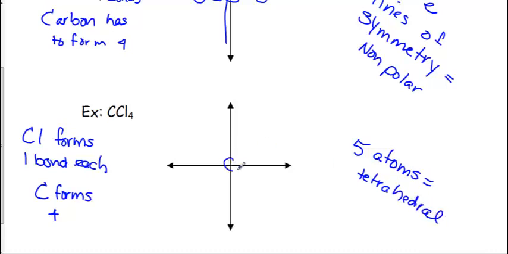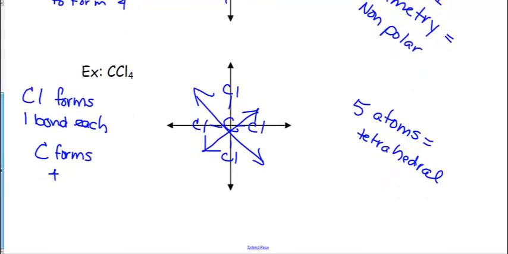So carbon will be in the center and then bonded with each chlorine. And we notice that you have one line of symmetry here, one line of symmetry here, and then you have one here and one here as well. So more than 2 lines of symmetry tells us nonpolar as well.